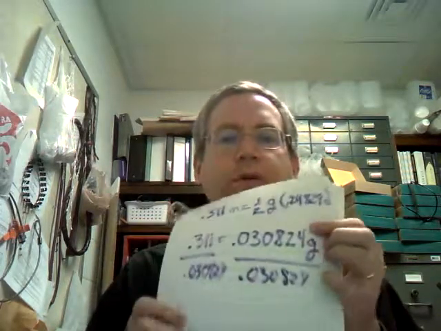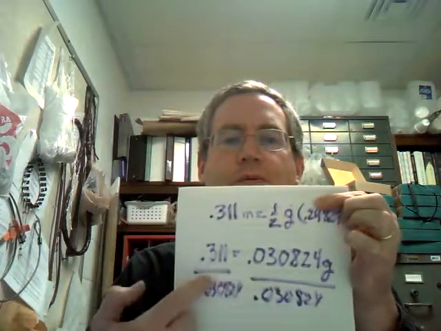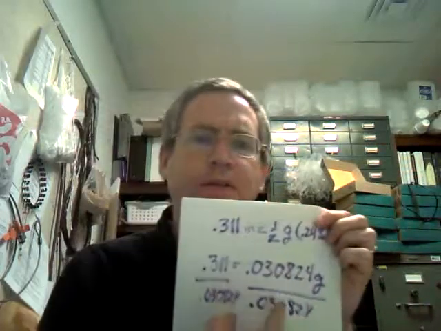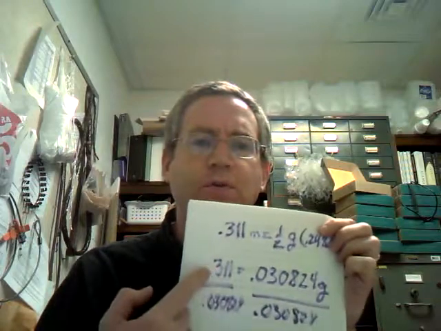On the right-hand side those cancel out, and all I'm left with is g. So all I have to do is 0.311 divided by that, and for my acceleration due to gravity doing it this way, I get 10.09 meters per second squared.